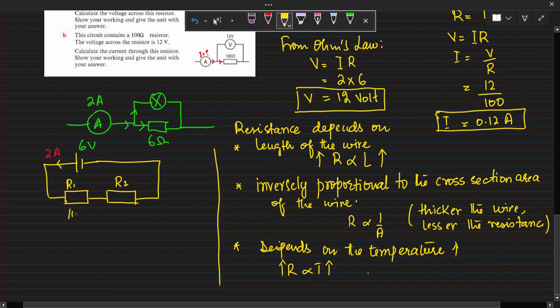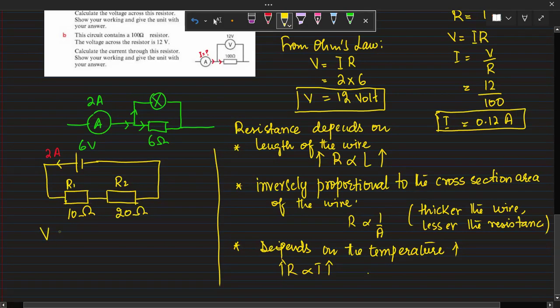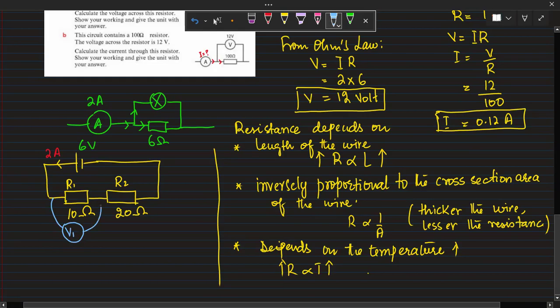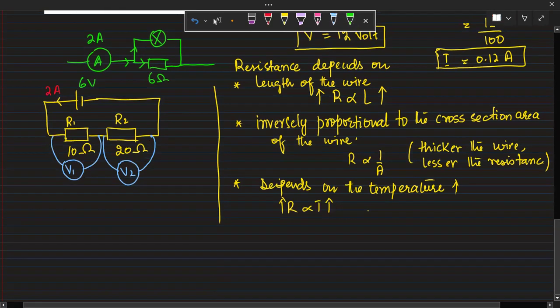Let's say R1 is 10 ohm and R2 is 20 ohm. On which resistor will the voltage drop be greater? If I connect a voltmeter across R1, what will be the value of V1 and what will be the value of V2? You have to find out the voltage drop across 10 ohm and 20 ohm, okay?